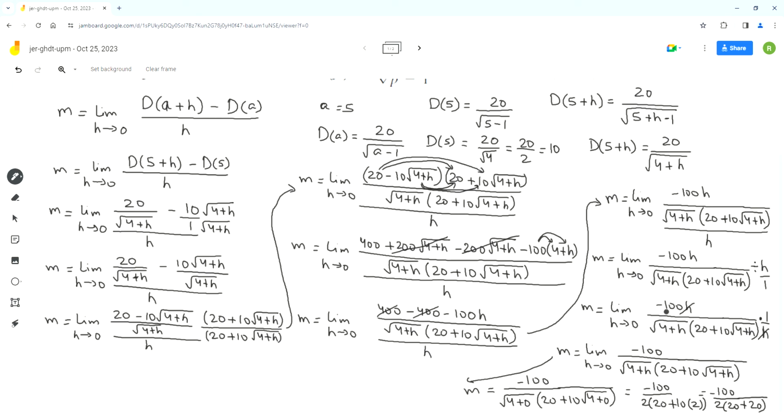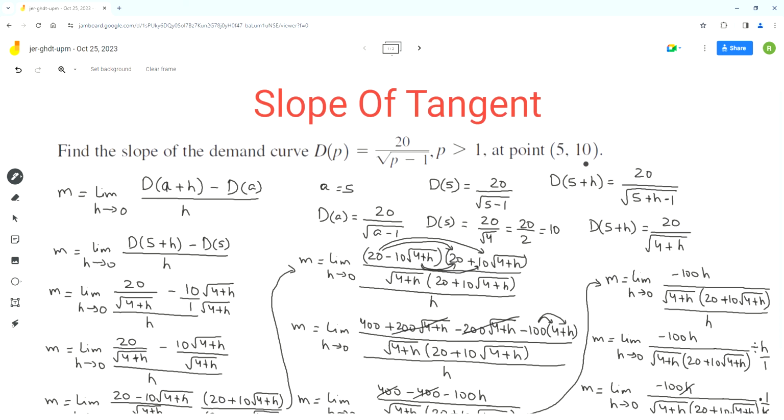So m equals negative 100 over 2 times 40, which can be reduced to negative 100 over 80, which can be reduced to just negative 5 over 4. So this should be the slope of the tangent line to this given curve at the point 5, 10.